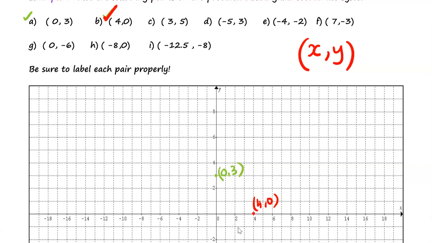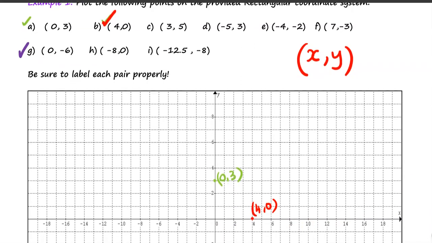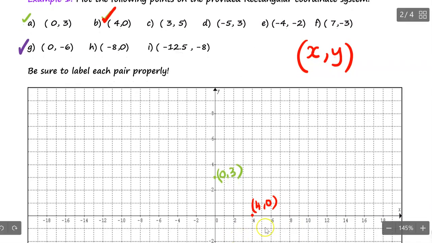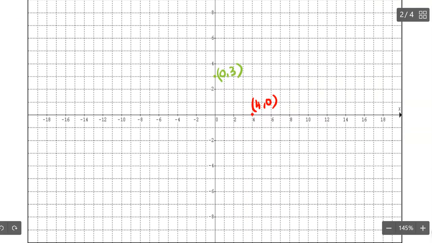What about g? g is 0 and -6. That means x is 0, negative 6 is for y. In that case, I have to move my screen a little bit further down so everyone can see the negative 6 for y.